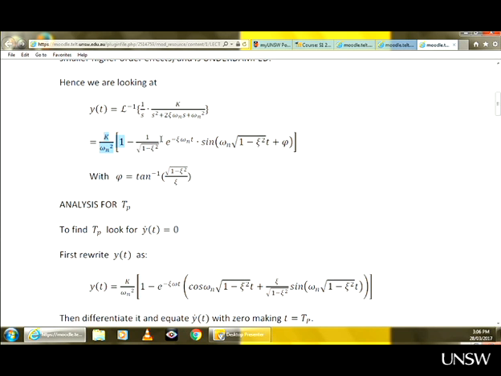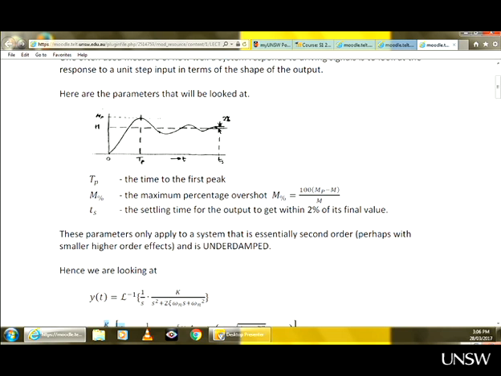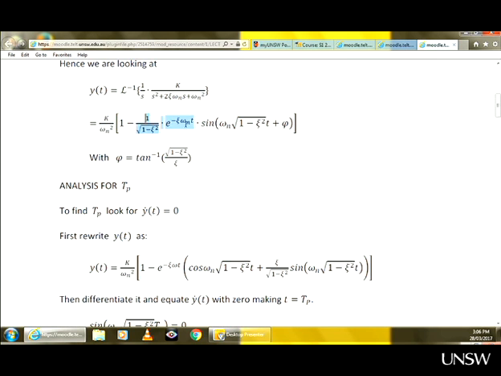Because TS is the time when the amplitude becomes 2% of the steady state. Amplitude, not the whole function, but just the amplitude. If that's how we define TS, then we are only interested in the amplitude. So when is this going to be equal to 2% of the steady state? So it must be 2% of the steady state value.